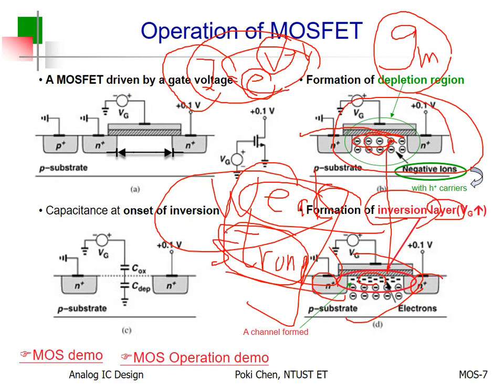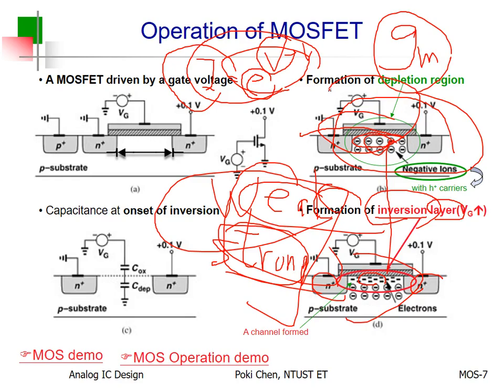Wow. So why don't we go there? Simply because I told you the current in weak inversion is really small. So nothing is free. If you operate your MOSFET in weak inversion, we call it subthreshold, because we are below the threshold voltage. So we call it the subthreshold region.